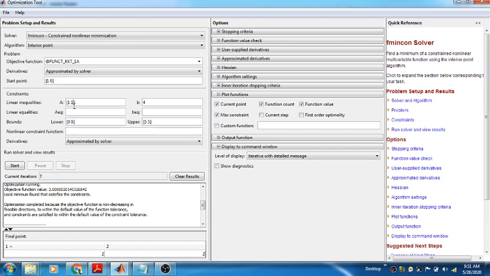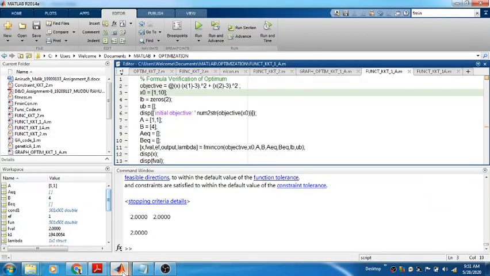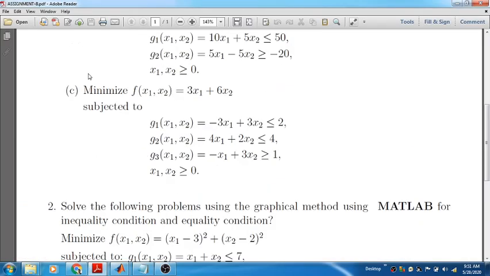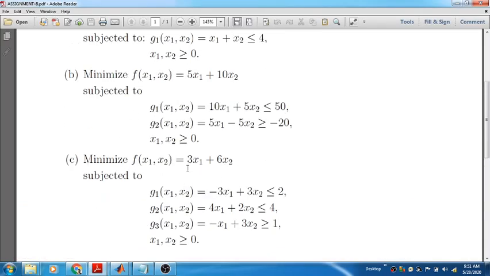In this way, whatever MATLAB you have done, the same syntax will be here. So you can do this problem. Again I will do this problem, this second one, and then you can understand it, right? But I suggest you must try.